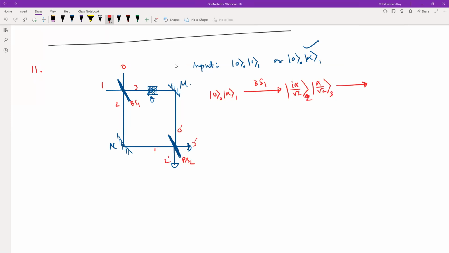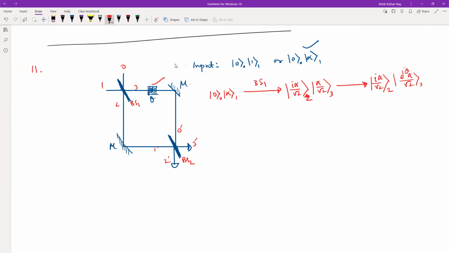This will go through this. What will it do? It will produce an e to the power i theta phase, right? Two is continuing, and then we have an e to the power i theta alpha. Then the mirrors will produce a pi by 2 phase.